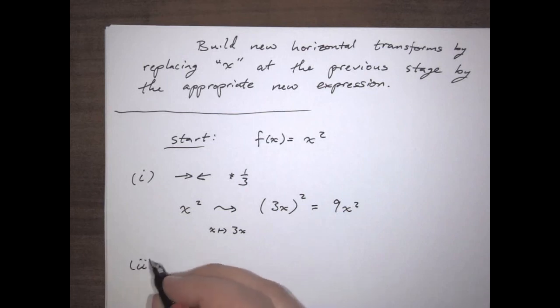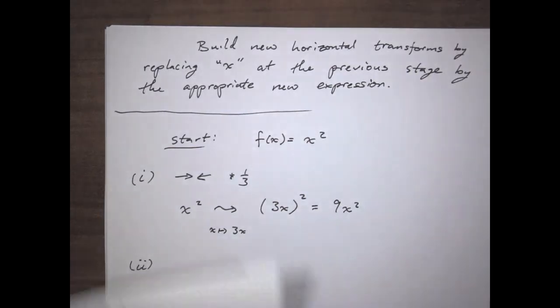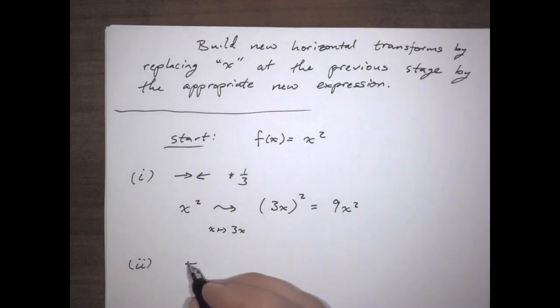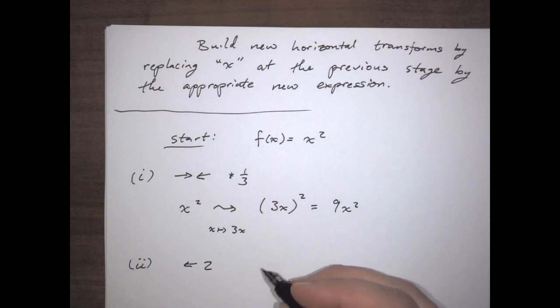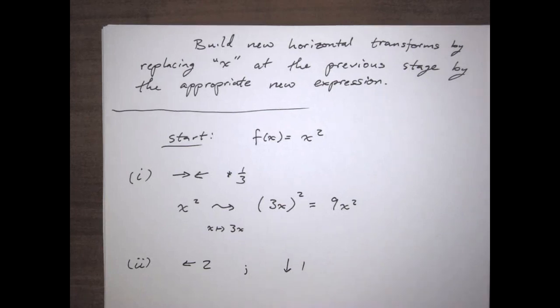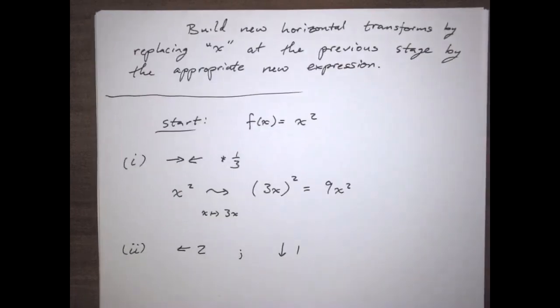Stage 2, we are now supposed to shift it to the left 2 units and down 1. One is vertical, one is horizontal, so these can be thought of as totally separate from each other.